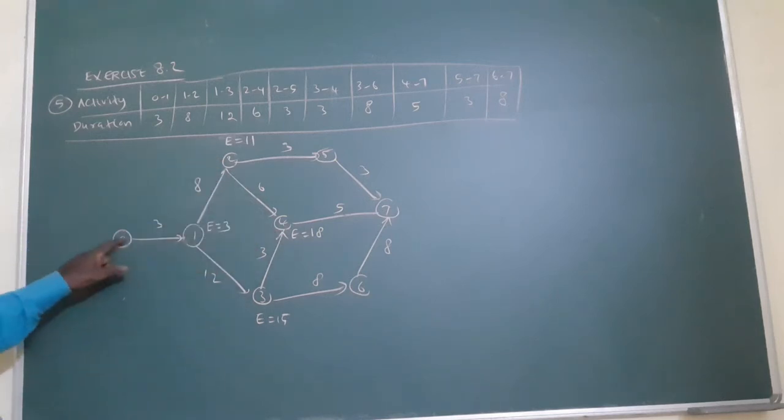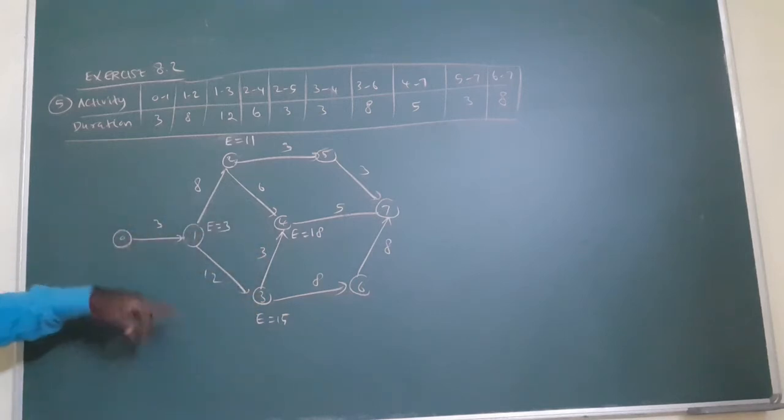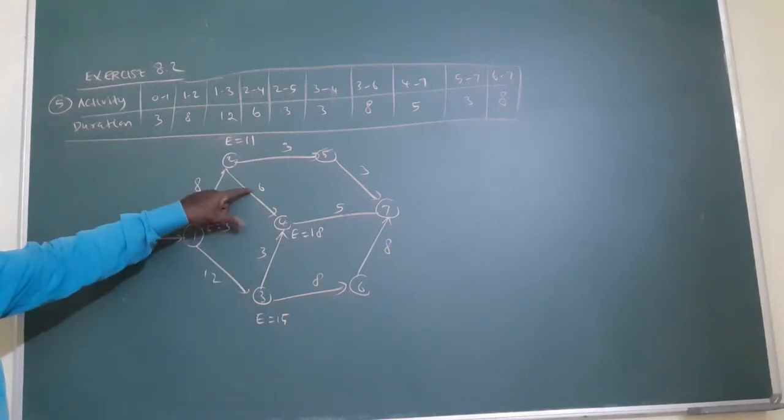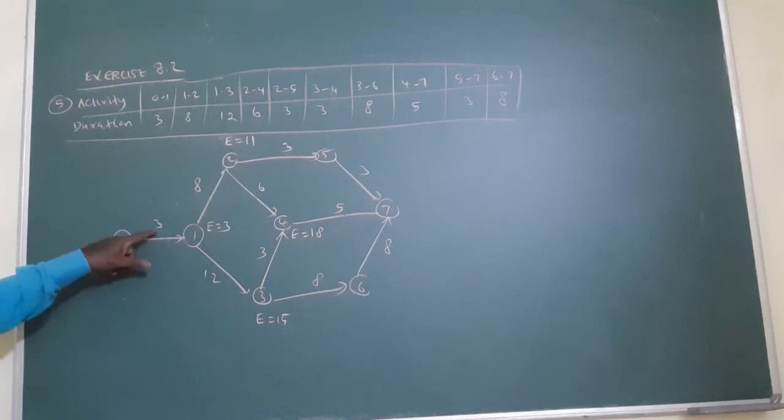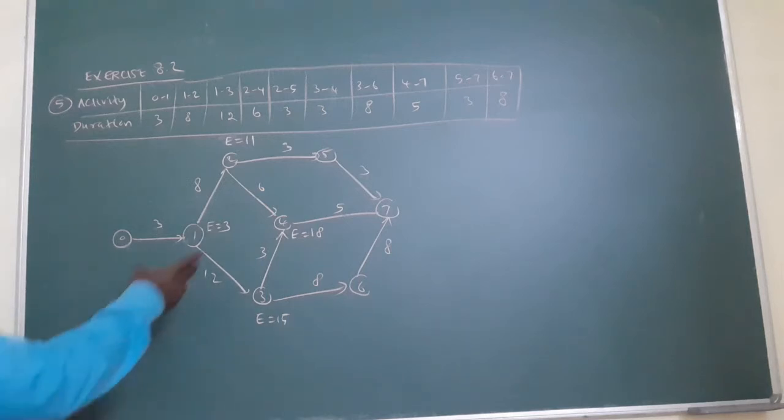Out of these 2 roots, 3 plus 8, 11 plus 6, 17. Next, 3 plus 12, 15 plus 3, 18. You write only the maximum number. That's very important. If there are 2 roots, you will consider the maximum root.